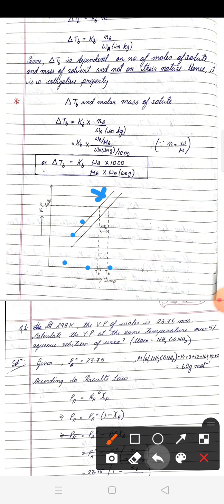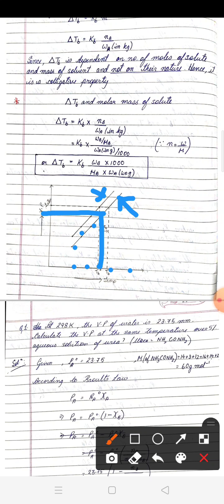Now what happens? We take the solution. This is the graph which represents the graph for the solution. So you know that at the same temperature, the vapor pressure of the solution will be less than the vapor pressure of the solvent. So we get a point here. And as you increase the temperature, the vapor pressure keeps on increasing. But you notice when you reach the same temperature, the vapor pressure is now less than atmospheric pressure. So the liquid will not start boiling.